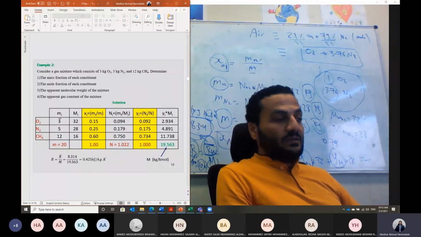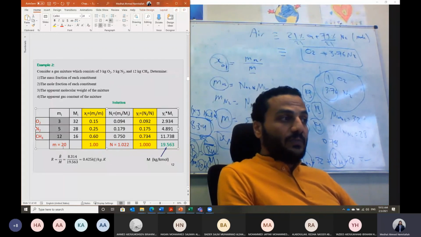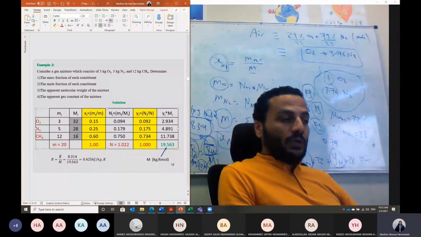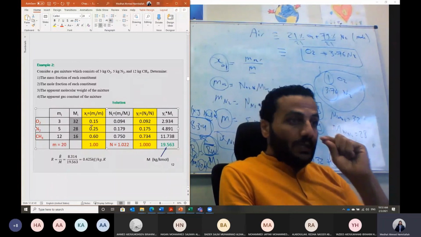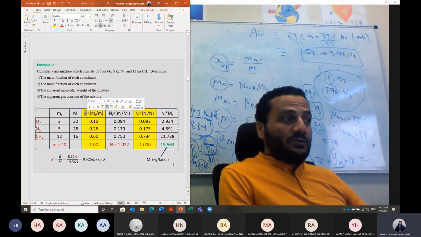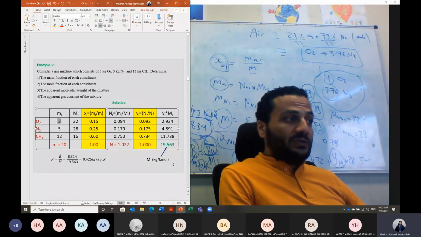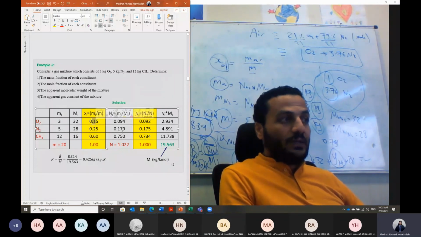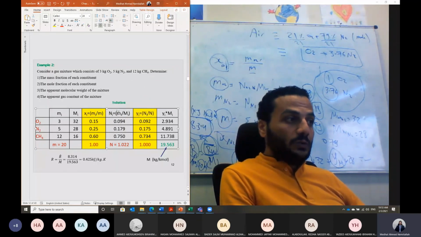Here the mass for each component is given. Then we can sum them up and calculate the total mass. The molecular weight for each component we can write down. Then we can calculate the mass fraction, the mass for each component divided by the total mass. Then we can calculate the number of moles for each component, which equals its mass divided by its molecular weight.